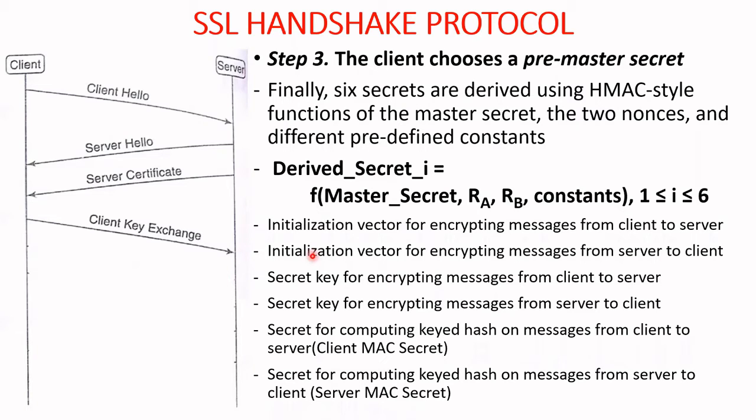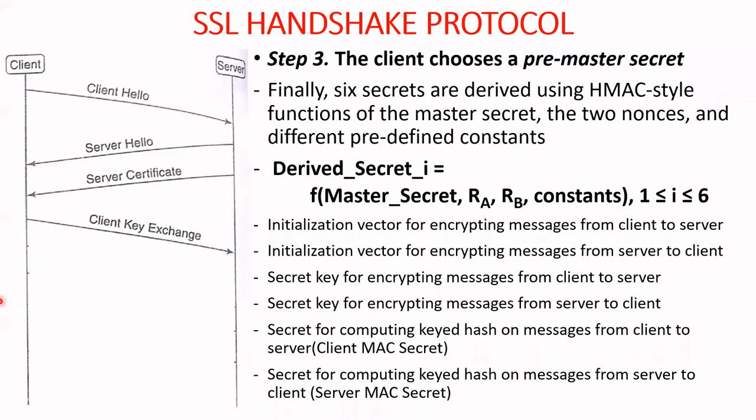Next, the initialization vector for encrypting messages from the server to the client is also calculated. Next, the secret key for encrypting messages from the client to the server. So what is the key that the client is going to use? That is computed. Next, the secret key for encrypting messages from the server to the client.